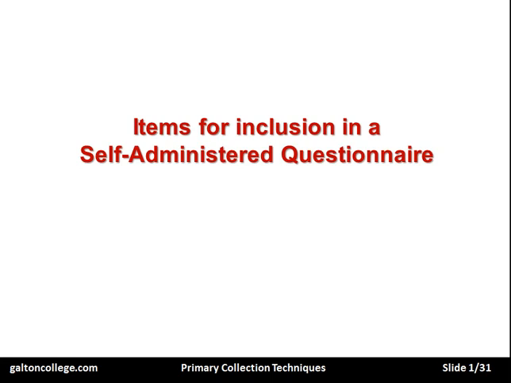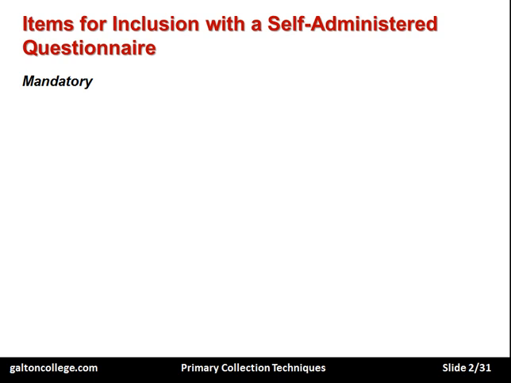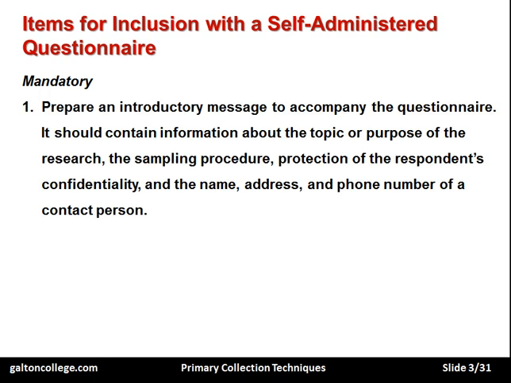In this session we're going to talk about the self-administered questionnaire and look at some of the items that may be included in a self-administered questionnaire. Look at some of the issues. We'll start with the mandatory issues, and the first one is to give an explanation to those participating as to the purpose and nature of the exercise.